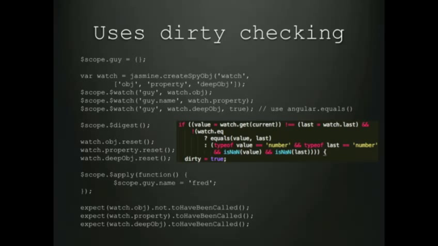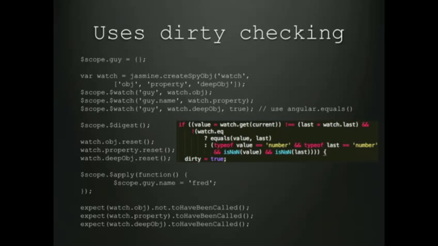But it's not going to do this, which is Angular.equals, which does a traversal of the object and says, has anything changed on this object or any of its children, and so on and so forth. This does a deep comparison rather than a shallow comparison. And if it has changed, it's going to evaluate true. So when I pass true in here, it actually did this equals statement.